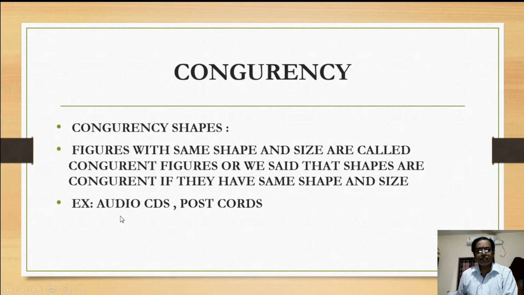In our daily life, audio CDs, postcards, and some geometrical borders seem to show congruency. In that congruency they use polygons, rectangles, squares as designs. Let us see one by one.